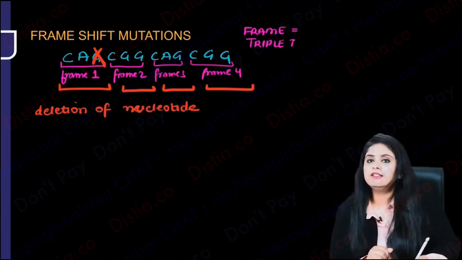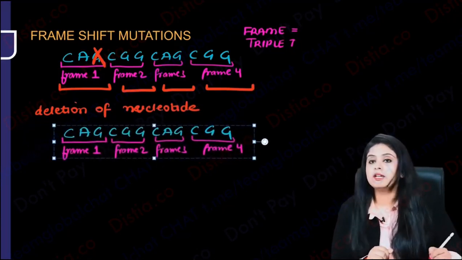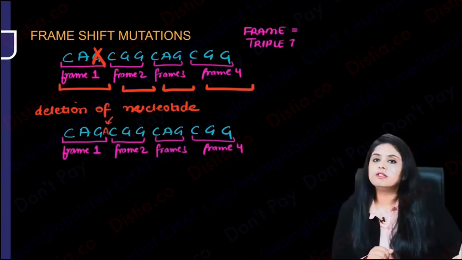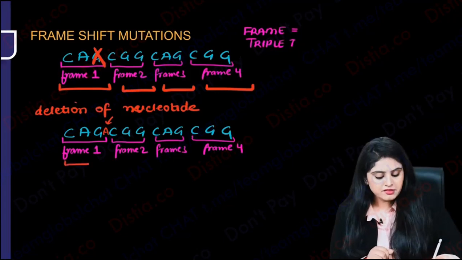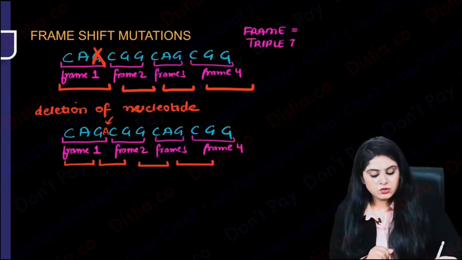Similarly, if I would have added something. So for example, guys, I've got the same frame again for you. If I end up adding something over here like A, what do you think is going to be your frame? The first frame is CAG, but the second becomes ACG, GCA, GCG. So again the frames have changed. So it could either be a deletion or an addition of a nucleotide.